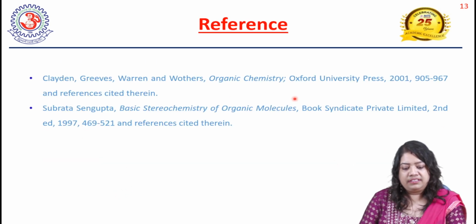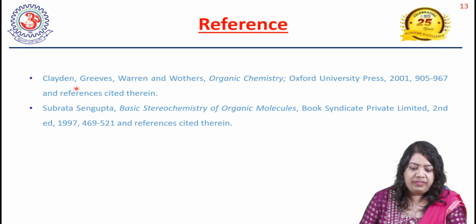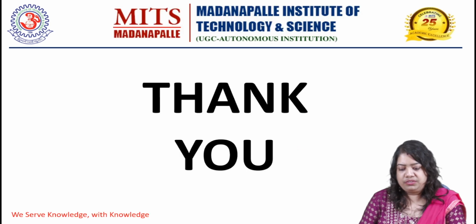Most of the contents are taken from Clayden's Organic Chemistry and Subrata Sengupta's Basic Stereochemistry of Organic Molecules. If you have more queries, you can look into these two books.